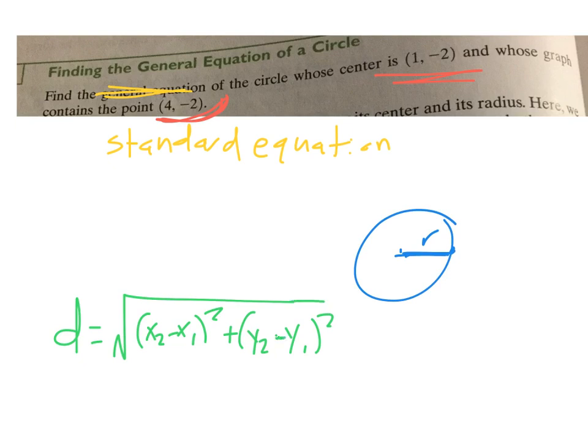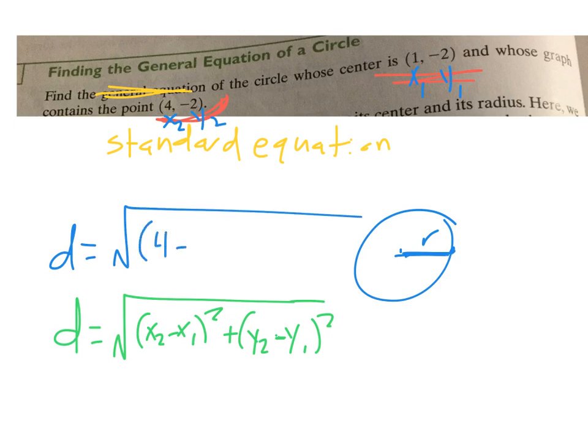Okay, so I'm going to say that this is my x1, my y1, therefore this is x2 and y2. I'm going to plug in right here above it. So it's going to be x2 minus x1 squared plus y2 minus y1. So minus negative 2 is plus 2 squared.